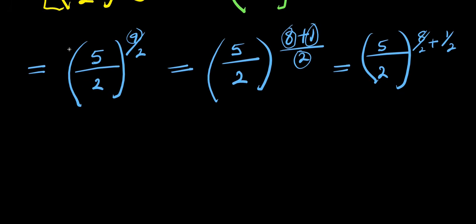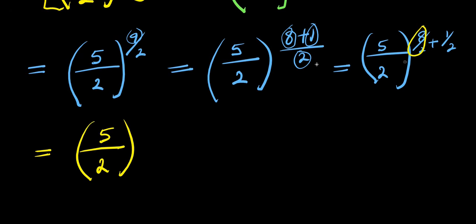So from here, we simply have 5 over 2 to the power of 8 over 2, which is 4, plus 1 over 2. Now, consider this identity again: if you have a power n plus m, this equals a power n times a power m.